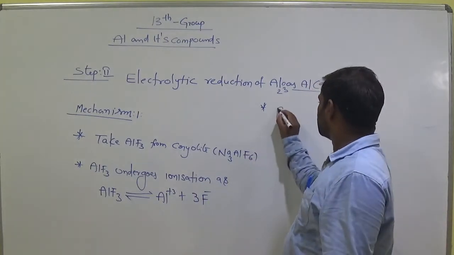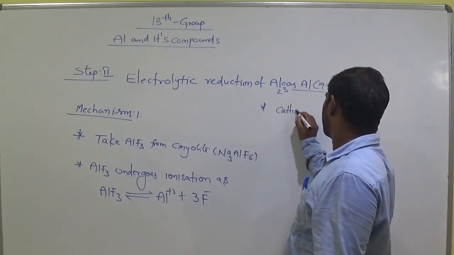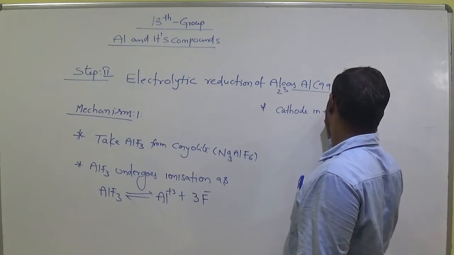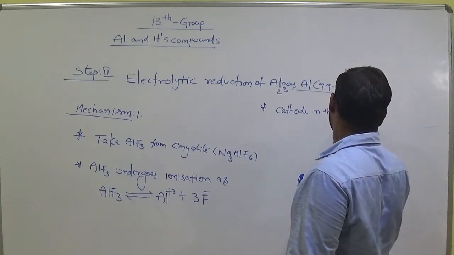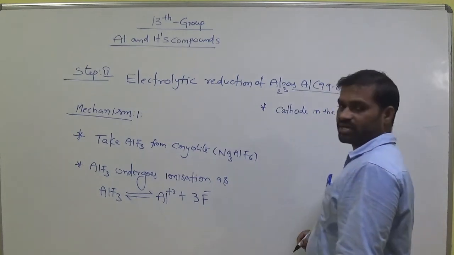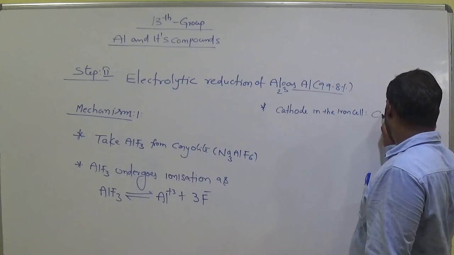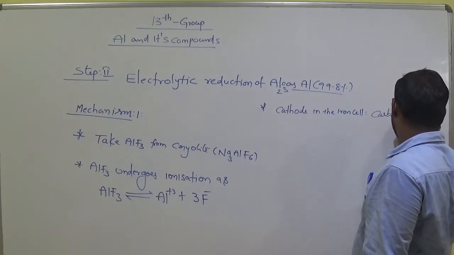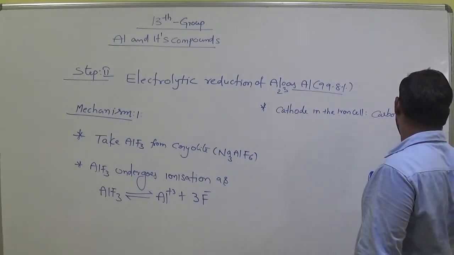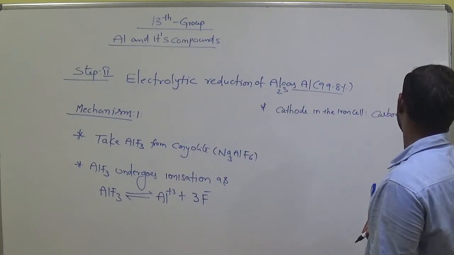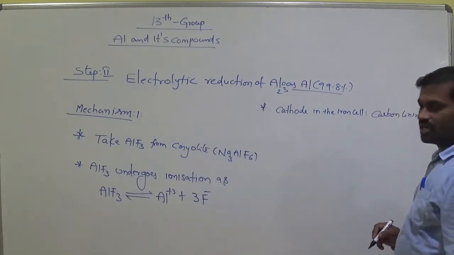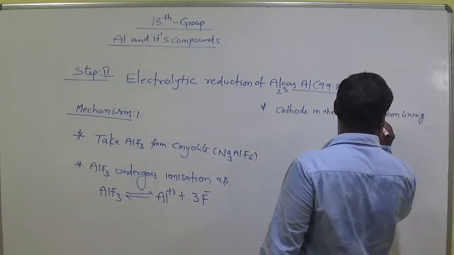Now what is the cathode in the cell? In the iron cell, what is the cathode? Carbon lining. Am I right? You know very well. Carbon lining as cathode.